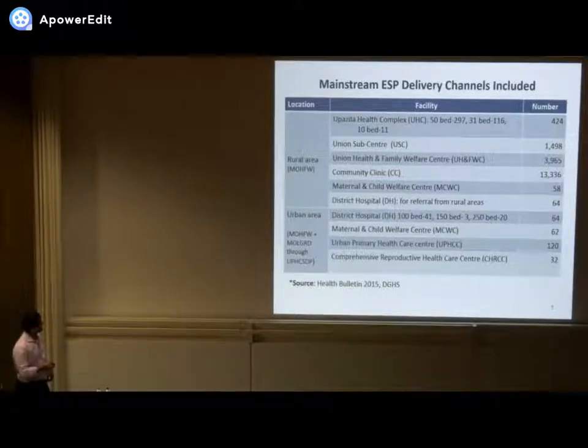And in urban areas, it is covered by district hospitals, maternal and child welfare centers, and urban facilities mostly. There are differences in Bangladesh: rural areas are mostly overseen by the Ministry of Health, and in urban areas, most of the health facilities are overseen by the Ministry of Local Government Department.